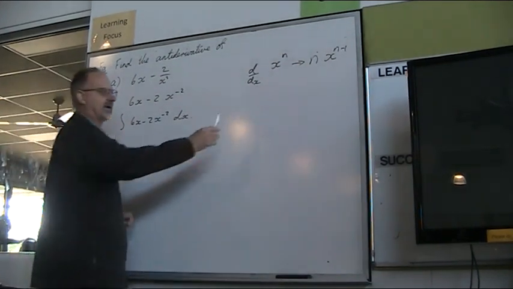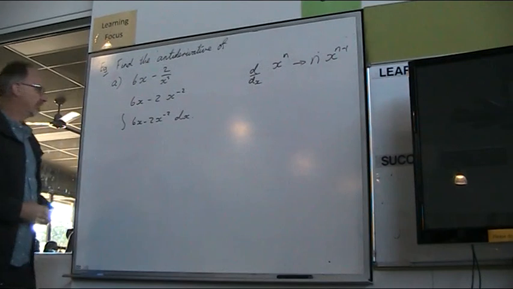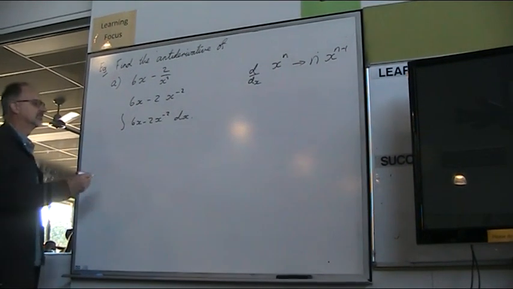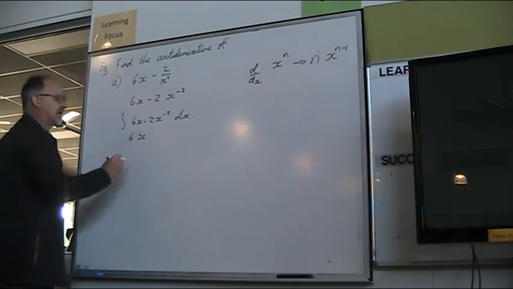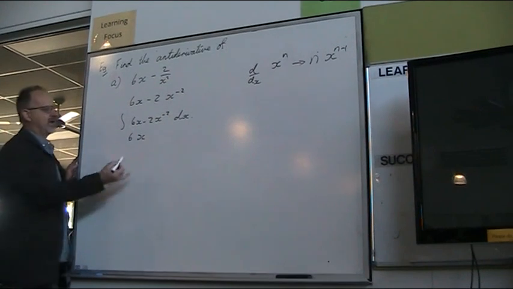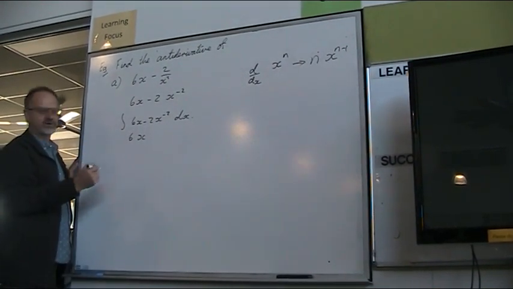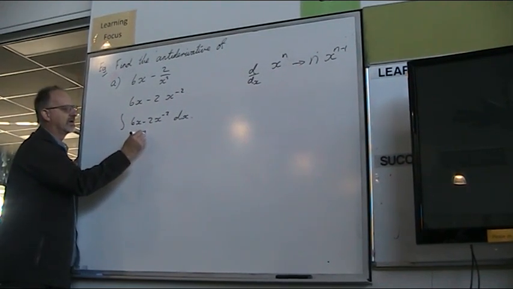So the old power came down and multiplied, and we reduced the power by 1. So if we are doing the reverse of that, the 6 would stay there. The power, well, it's got to do the opposite. So if it decreased by 1, when we anti-differentiate, it's got to increase by 1.